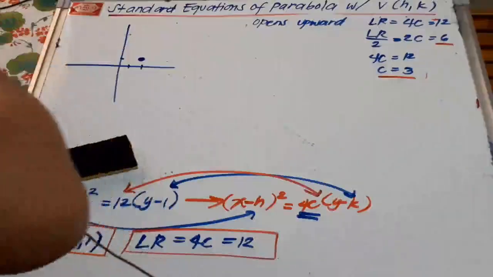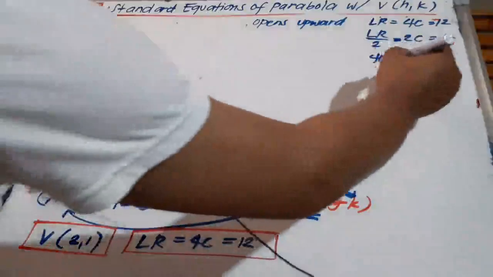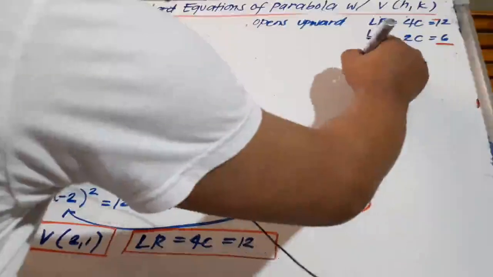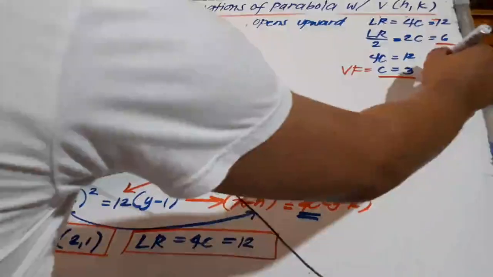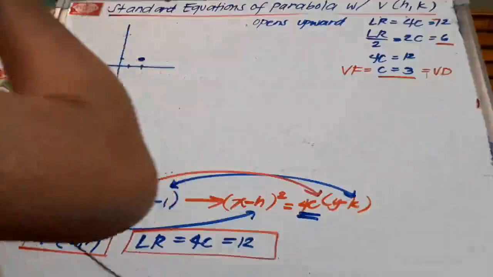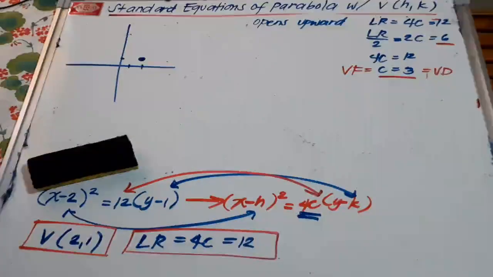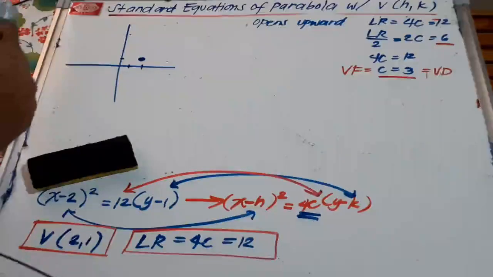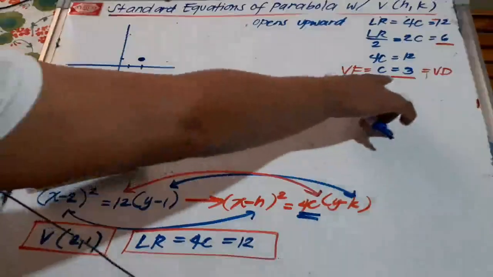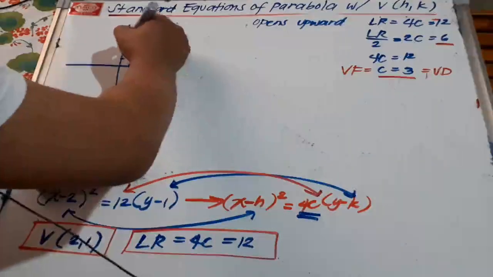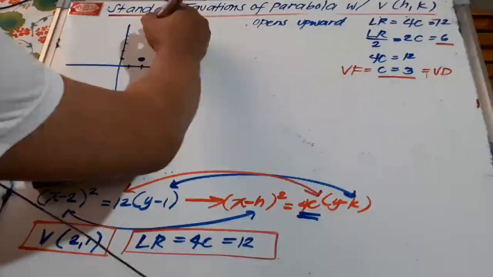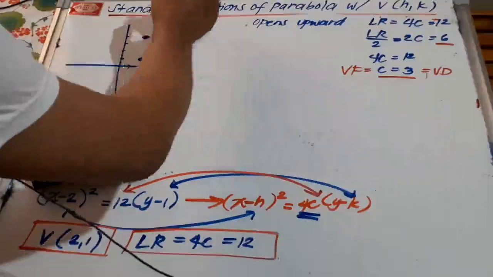Okay. Yung C is distance from vertex to focus at siya rin yung distance from vertex to directrix. Okay? So, ibig sabihin, we're going to count 3 units upward starting from the vertex to locate the position of our focus. So, 1, 2, 3. So, naandito yung ating focus.